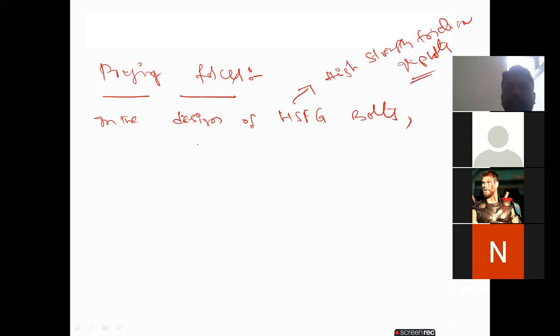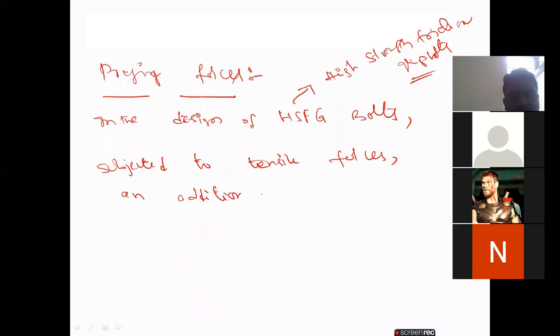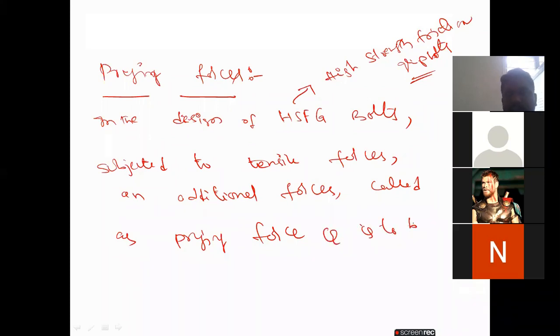Okay, so whenever we are going to design the HSFG bolts subjected to the tensile force, and additional forces called prying forces, denoted with the Q, are to be considered.